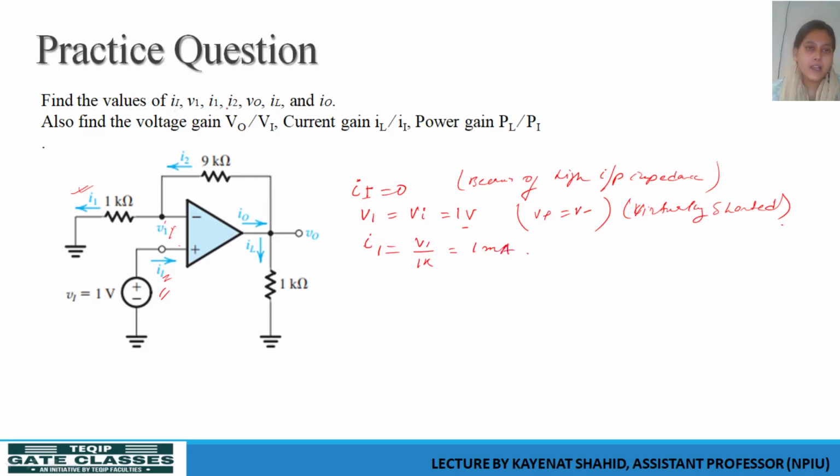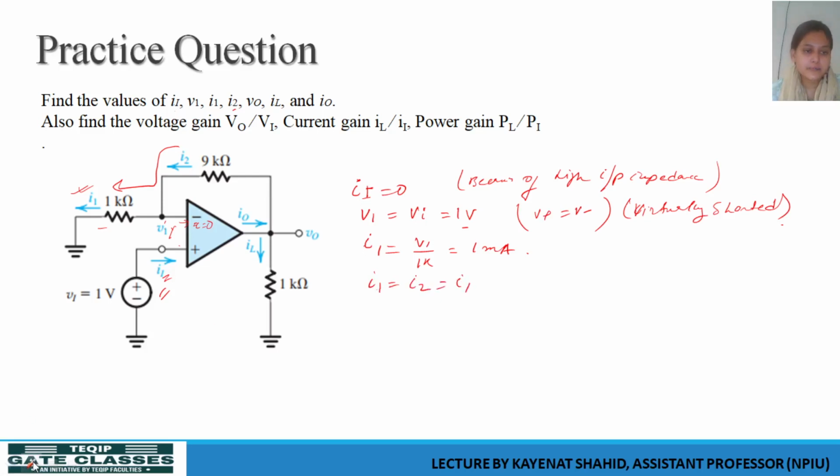What is I2? Because there is no flow of current inside, whatever current is flowing in this path, the same current will flow through this path. So I1 is equal to I2, that means I2 is equal to I1.